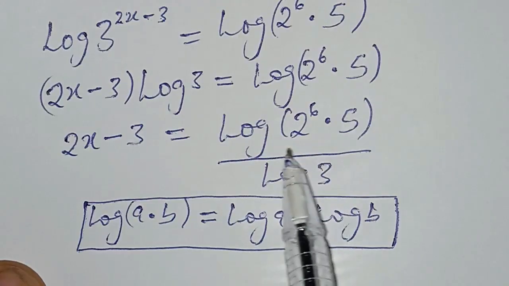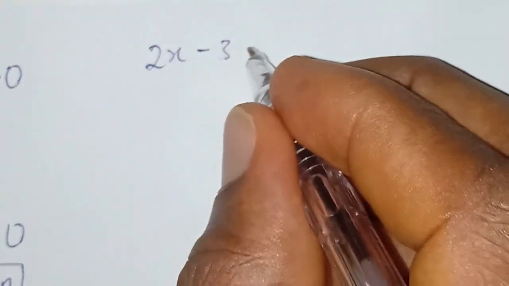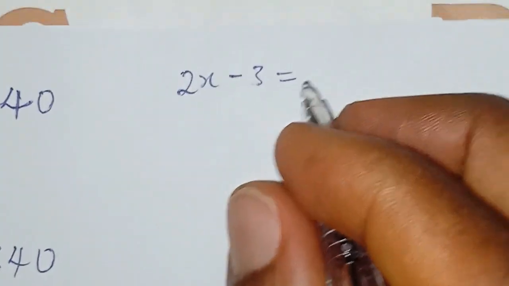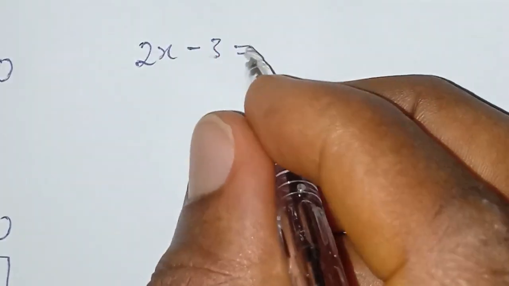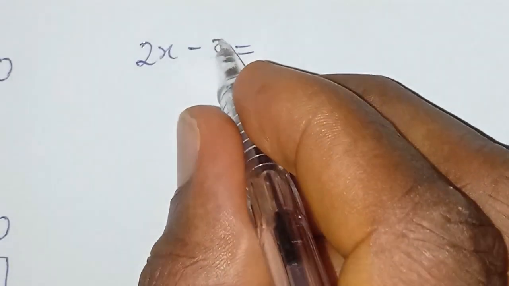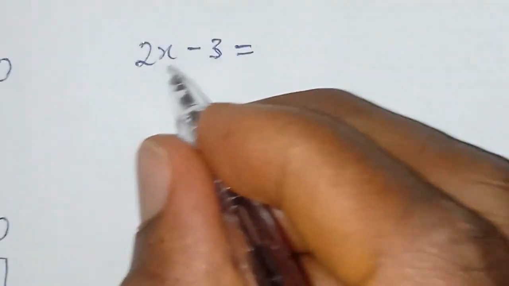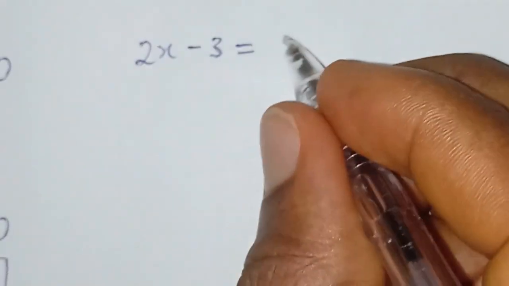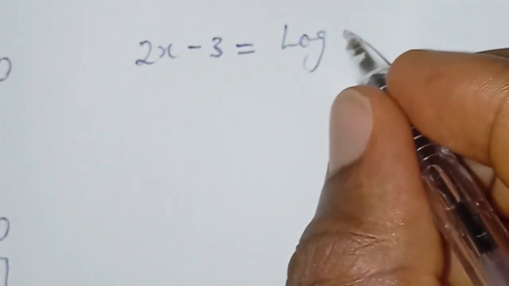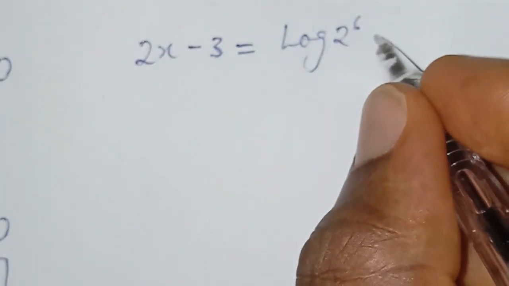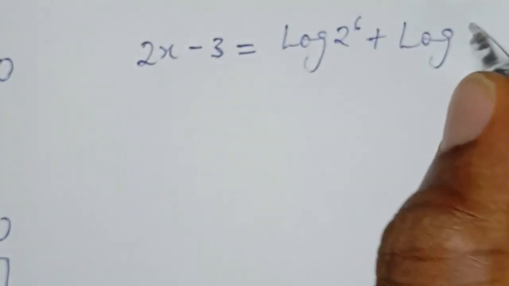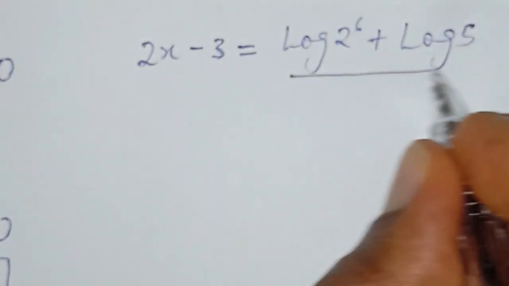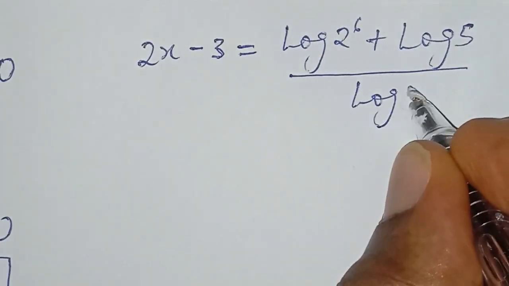So our left hand side now becomes 2x minus 3 will be equal to log 2 to the power of 6 plus log 5, everything over log 3.